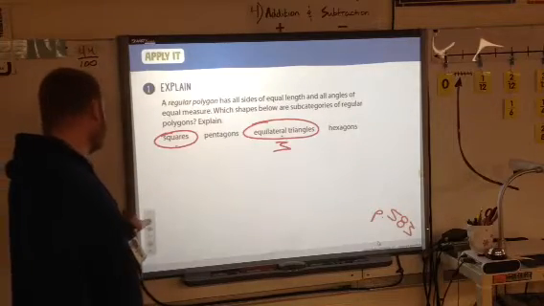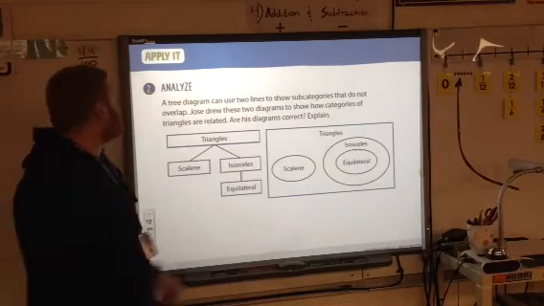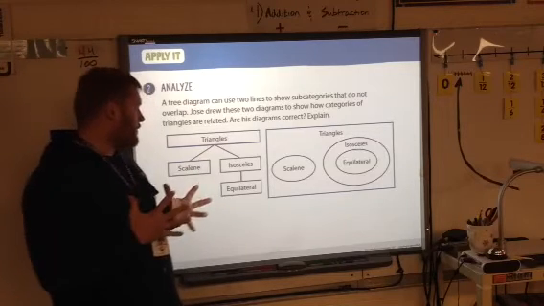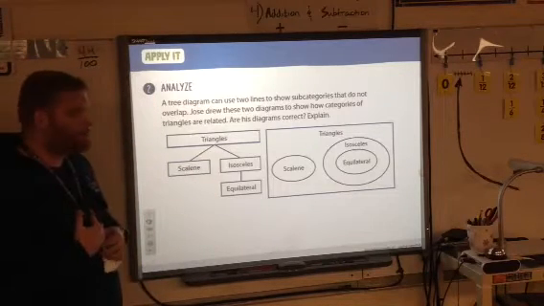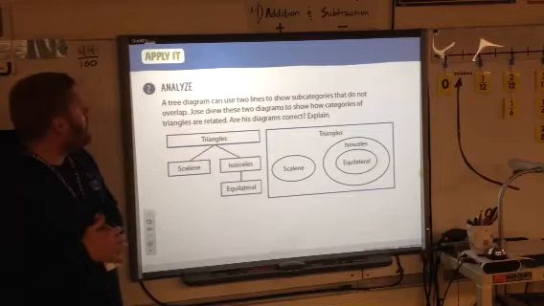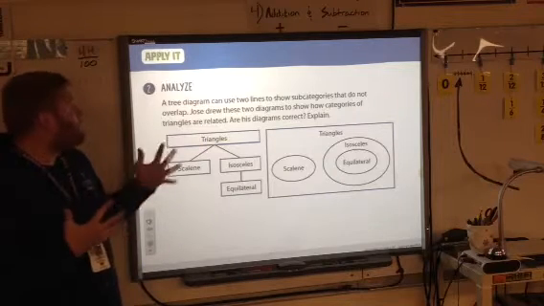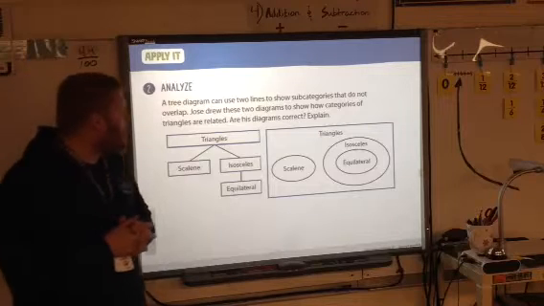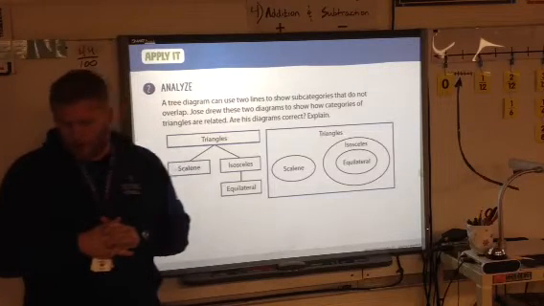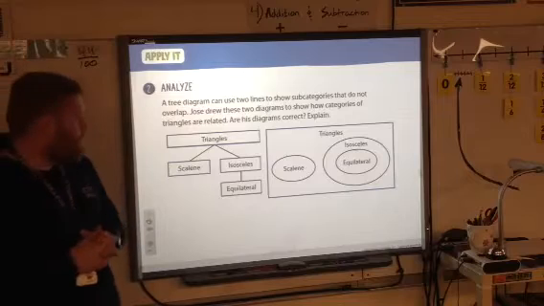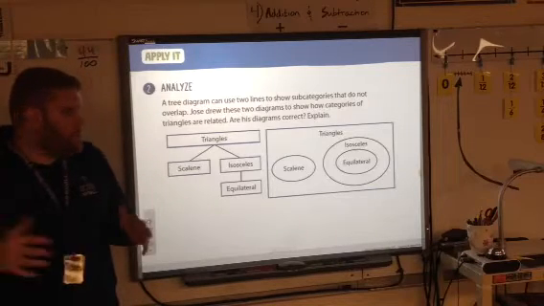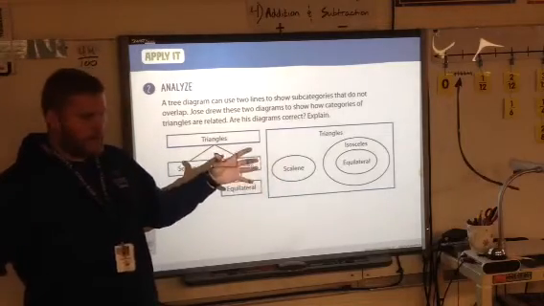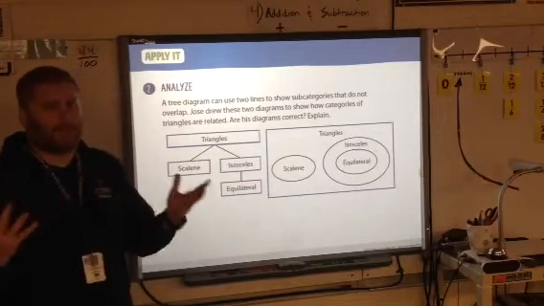All right, moving on to number two. It says a tree diagram can use two lines to show subcategories that do not overlap. So, Jose drew these two diagrams to show how categories of triangles are related. Are his diagrams correct? Explain. So we're thinking about triangles. Triangles is one of the broadest categories, meaning it only has three sides.